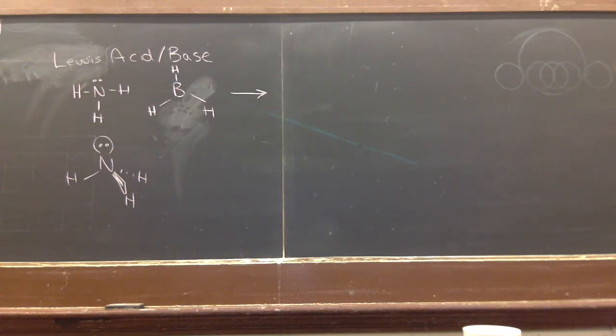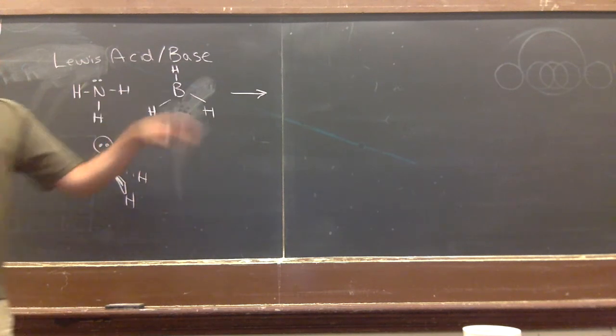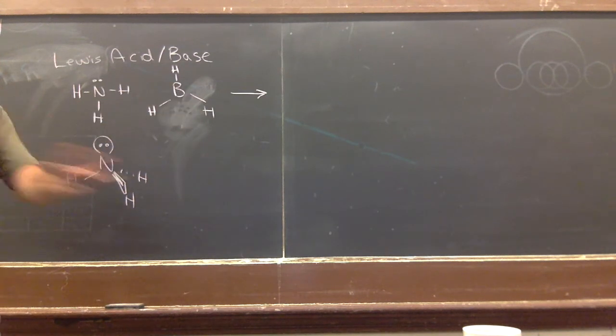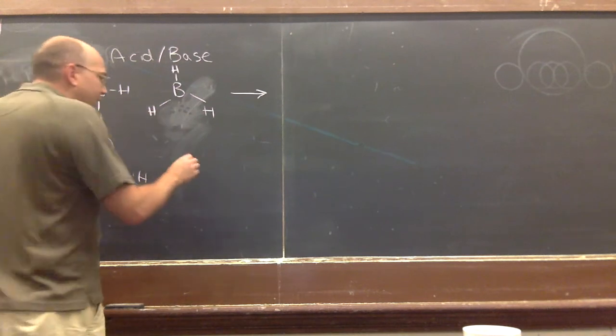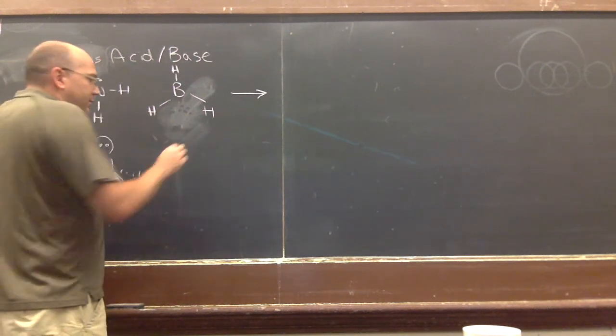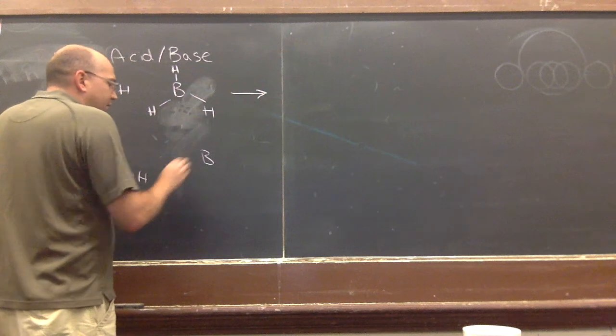It's not a bond per se, but it's got electrons occupying a fourth site, which is the lone pair. The borane doesn't have that. Because that's an empty orbital, how do we think about things hybridizing? Everything is going to want to get as far away from everything else as possible. So all the hydrogens are going to try to get as far away from one another as possible, and that takes place in the two-dimensional sp2 state.